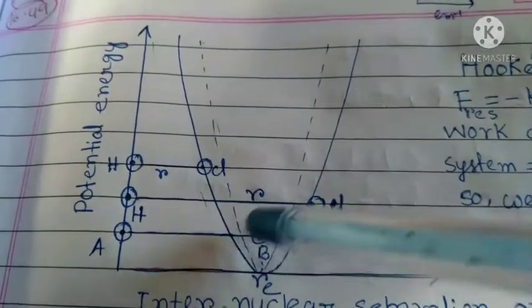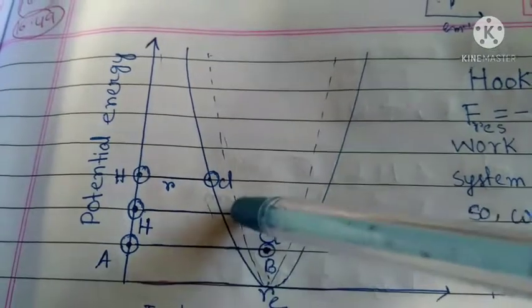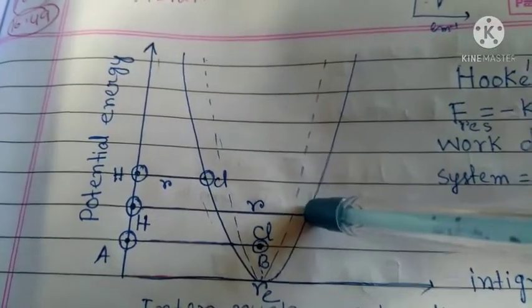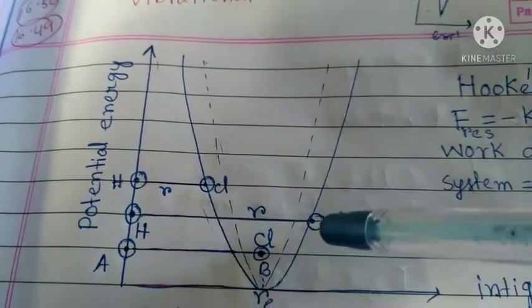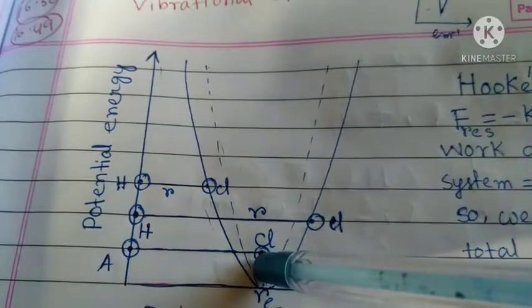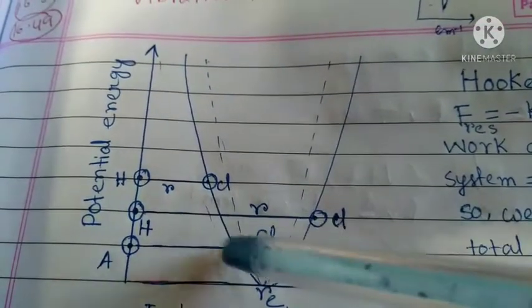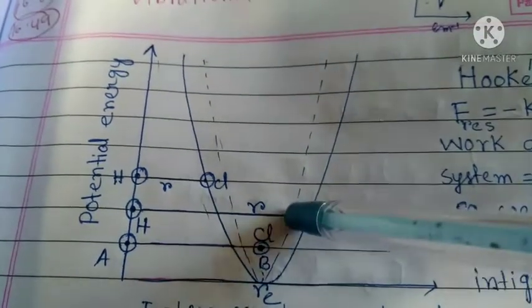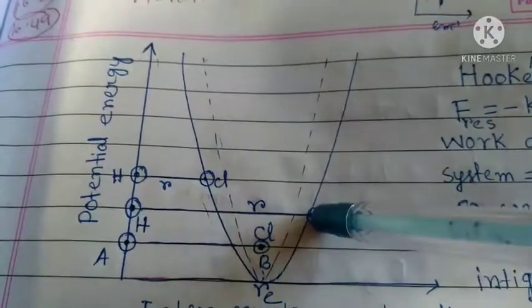So a restoring force must work against the displacement to get the chlorine atom back to its initial position. So our system must work as a simple harmonic oscillator, or our system should be elastic in nature.